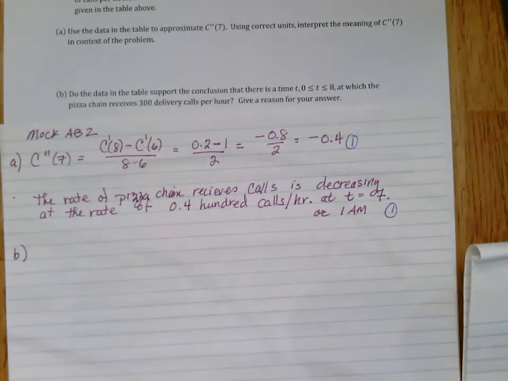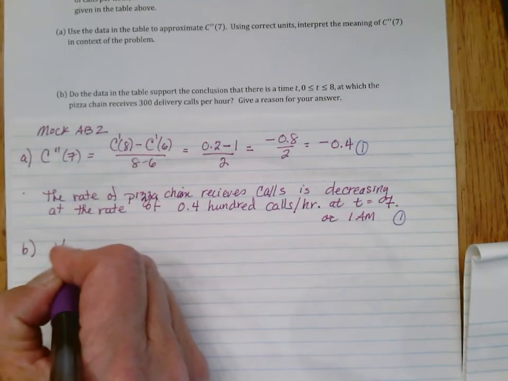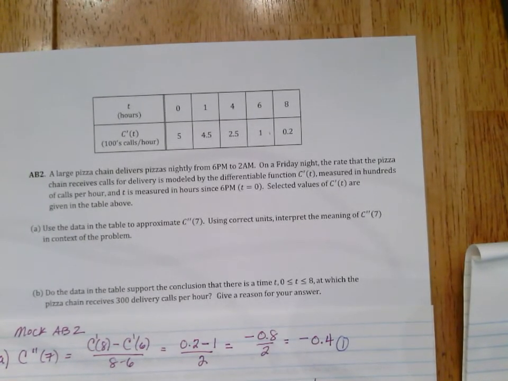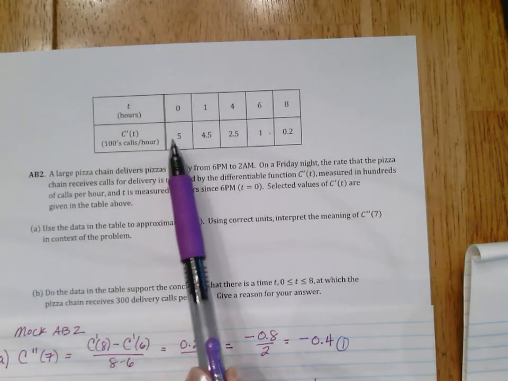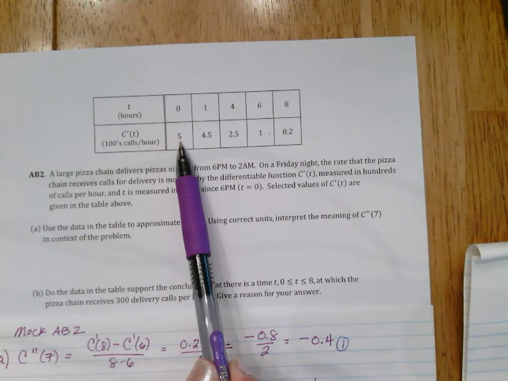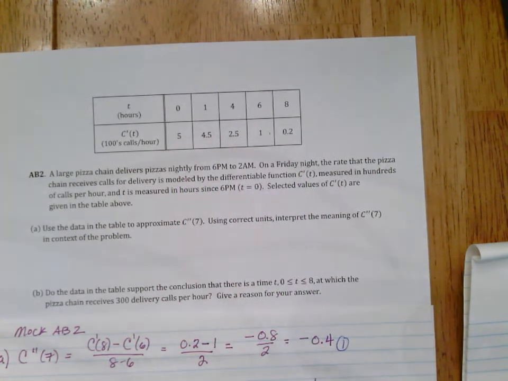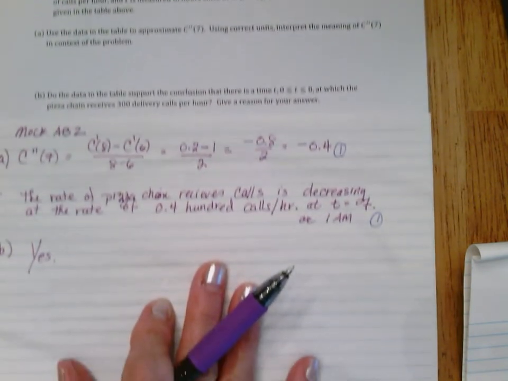So, answer is yes. And if you look at the table, you can see that at time 0, there's 500 calls, and at time 8, there's 20 calls. So the answer is yes, and so let's state the reason.